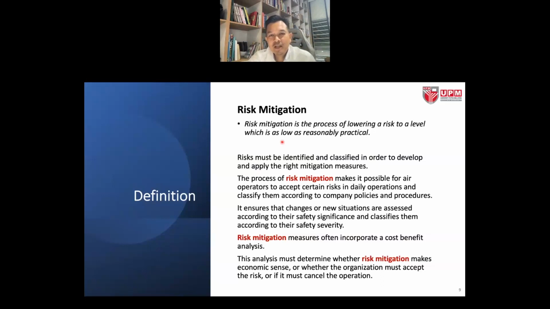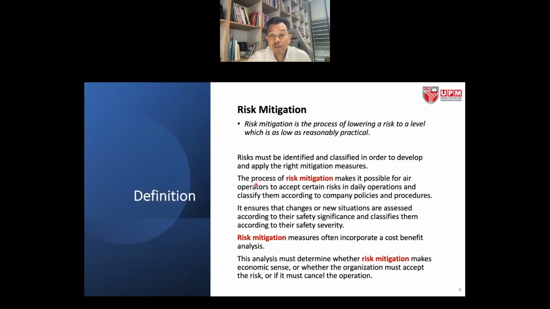Okay, risk mitigation is the process of lowering a risk to a level which is as low as reasonably practical. So you mitigate the issues. Yeah. So risk must be identified as well as classified in order to develop and apply the right mitigation measures.